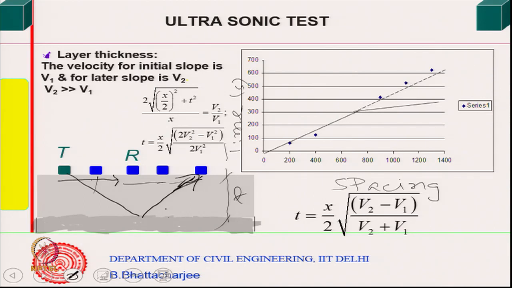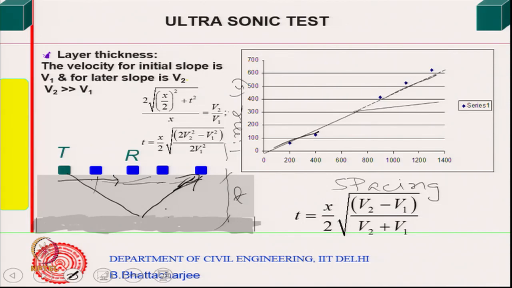For example, V2 by V1: this is one slope, this is the other slope, the slopes are different because suddenly there will be a change in slope. Now this velocity V2 divided by this velocity V1, this ratio is found out from the slope.